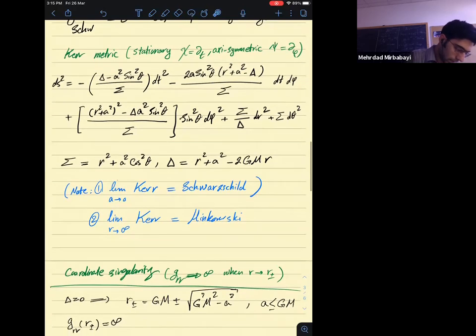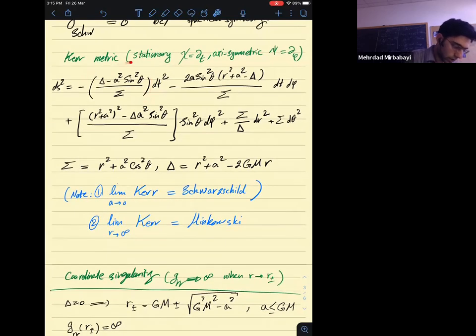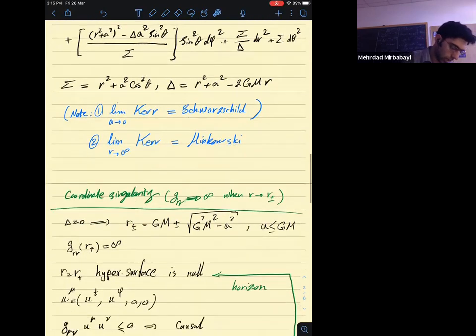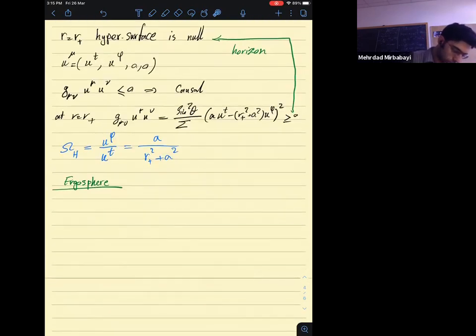Let us see when this GTT component changes sign, or in particular when GTT becomes 0, so the boundary of that region. The ergosphere is where GTT becomes larger than 0.